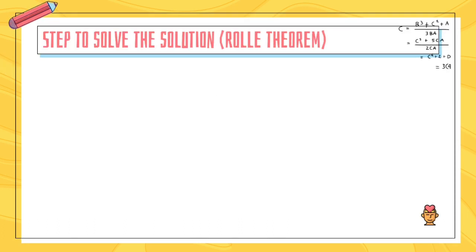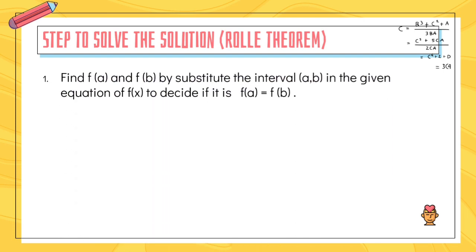Hi, my name is SAFIA binti MOHAMAD RAHMAT. Before we start the problem statement, I will show you the steps to solve Rolle's theorem first. First, you need to find f(a) and f(b) by substituting the interval [a, b] into the given equation of f(x) to decide if f(a) equals f(b).